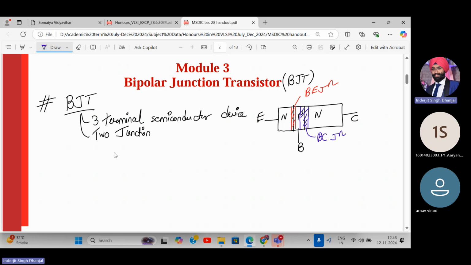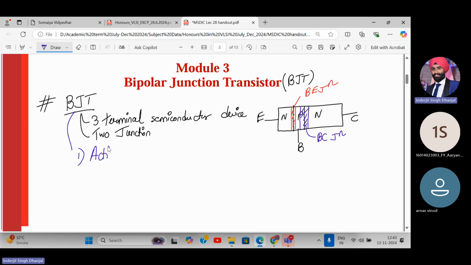So basically, we know that the BJT operates in four operating modes. What are the four operating modes? First is the forward active mode, second is saturation, then cutoff, and reverse active. Reverse active we are not seeing. Now let us check the status of the junctions, base collector and base emitter.